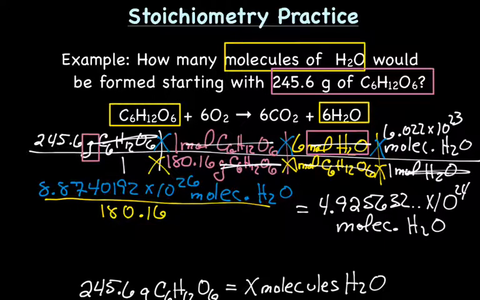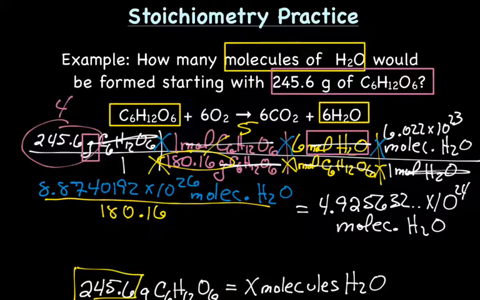So using for our sig figs is our given, which is 4. We don't worry about the moles. We do need to worry about the molar mass because we calculated that, and that's 5. So those are the two things we're going to look for our sig figs. So it looks like 4. So we're going to keep those 4 there.